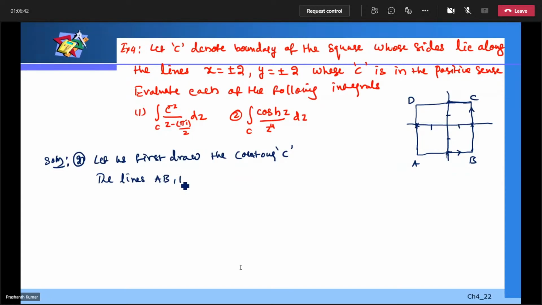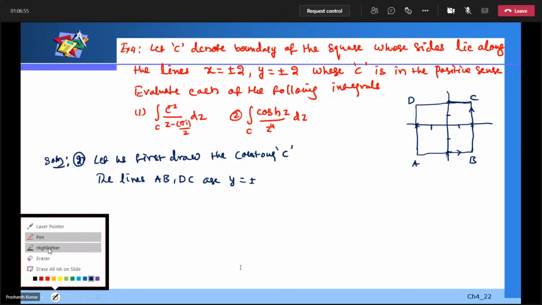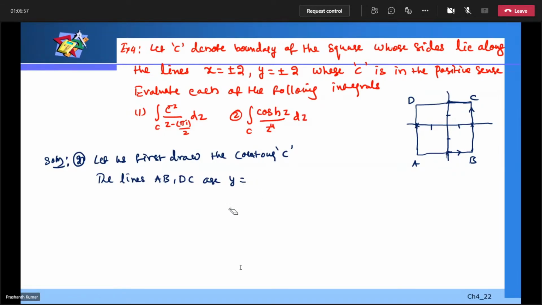AB, DC are y is equal to minus 2, y is equal to 2, respectively. First minus, after that 2. Otherwise you write down, no confusion.